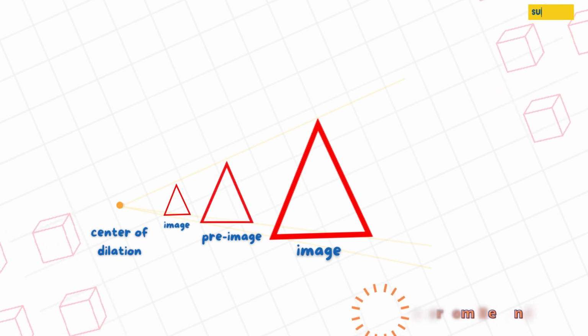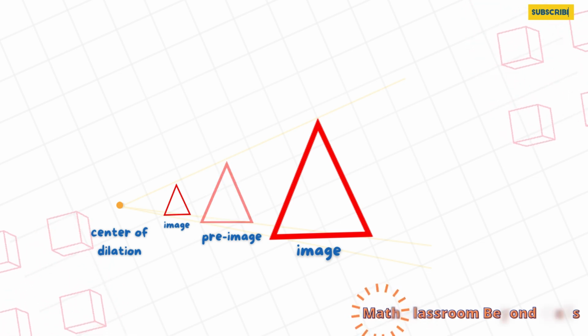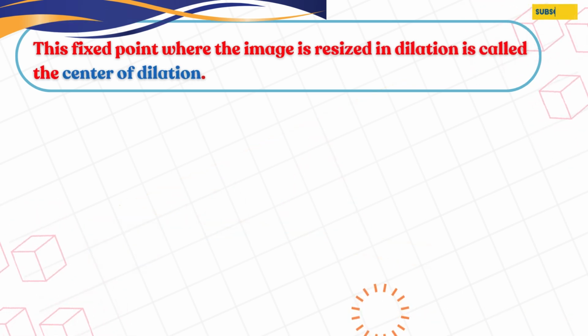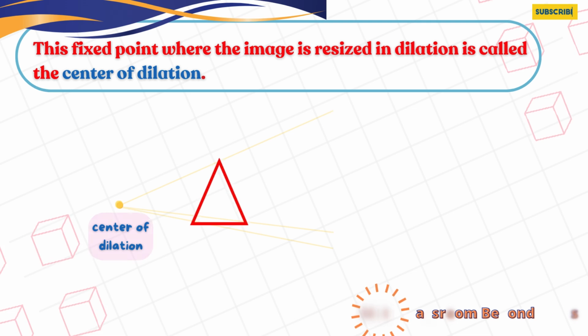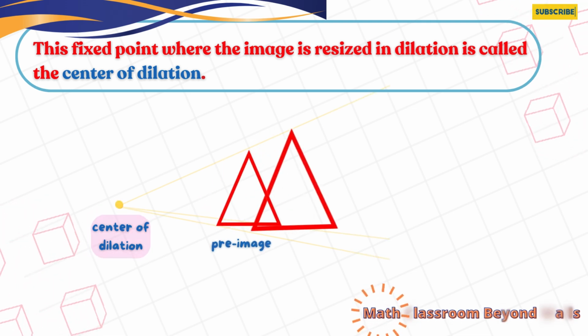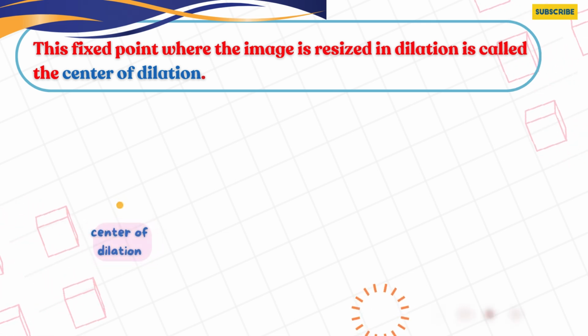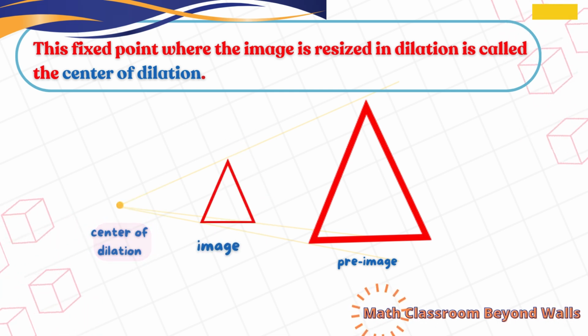We see that the image changes its size depending on how far the image is from the center of dilation. As the distance of the image from the center of dilation increases, the size of the image increases. As the distance from the center of dilation decreases, the size of the image decreases as well.